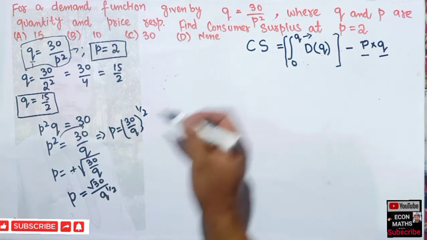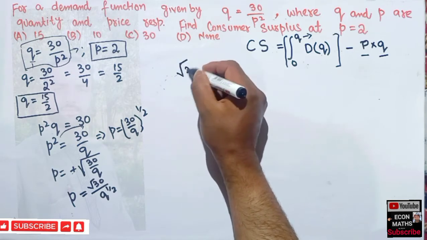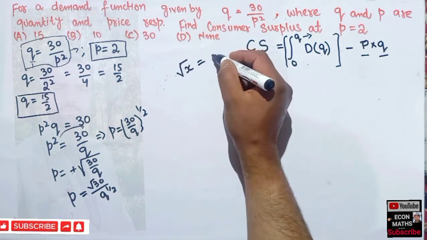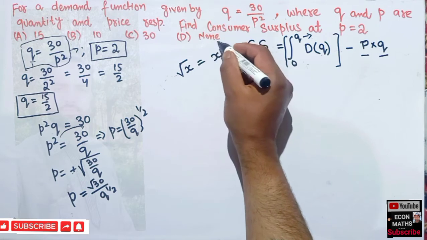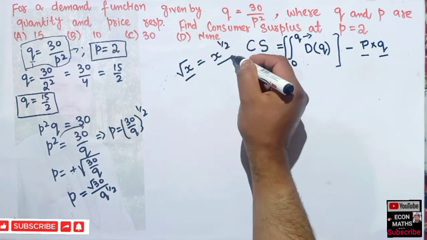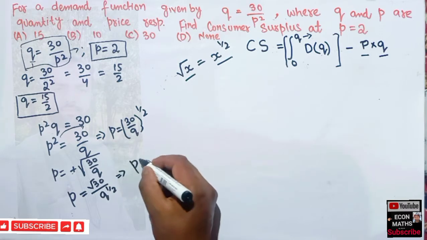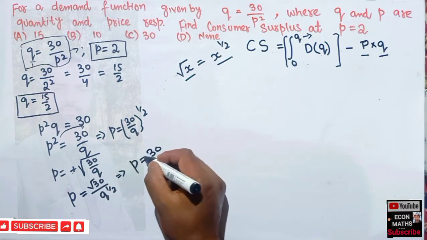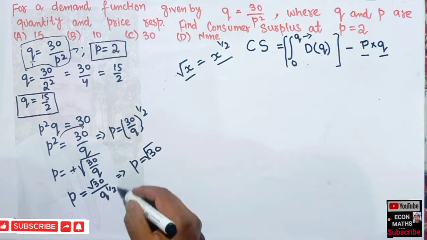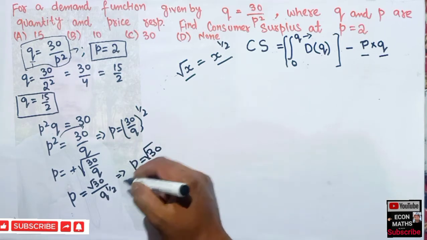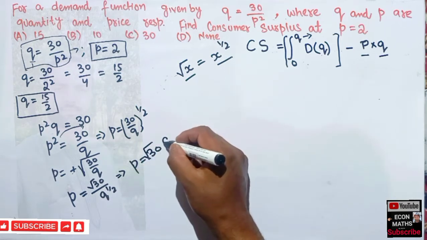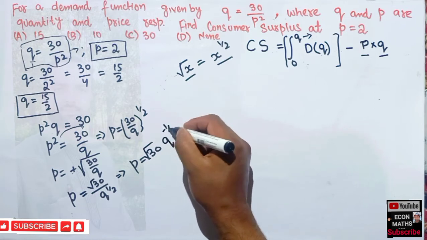As I have told, writing the square root of x and x to the power 1/2, these two things are the same. So I can write P = √30 and transpose this whole term to the numerator, so this becomes Q to the power minus 1/2.